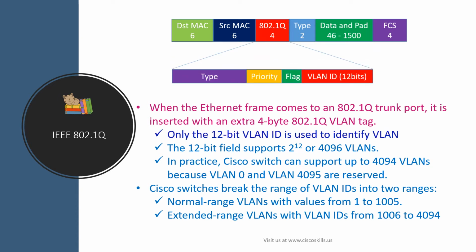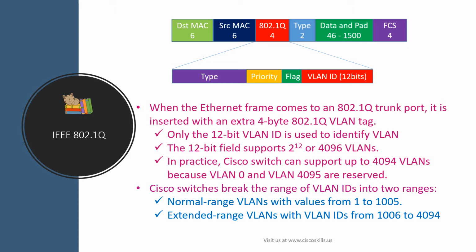However, only the 12-bit VLAN ID is used to identify the VLAN. The 12-bit field supports 2 to the power of 12, or 4096, VLANs. In practice, a Cisco switch can support up to 4094 VLANs because VLAN 0 and VLAN 4095 are reserved.